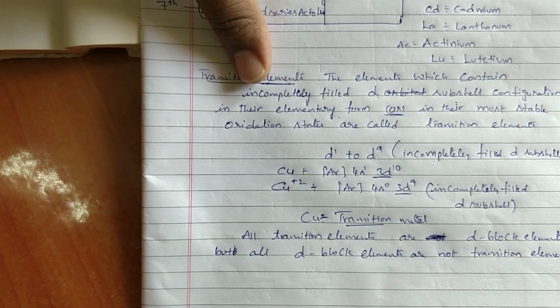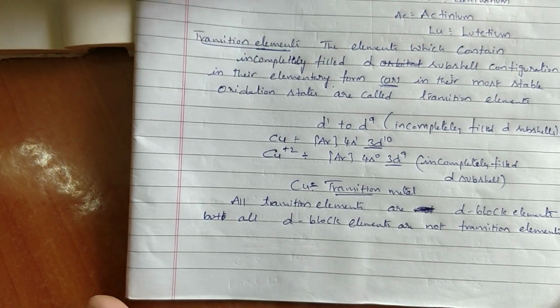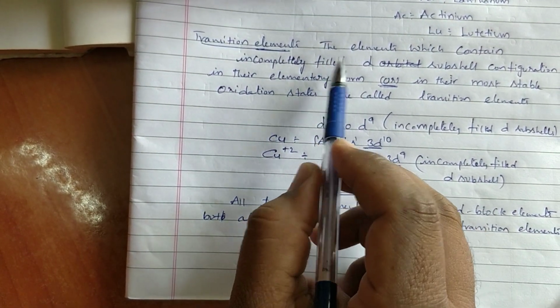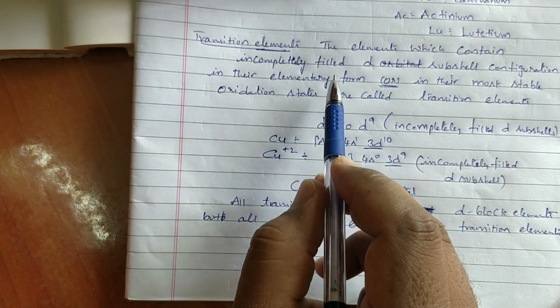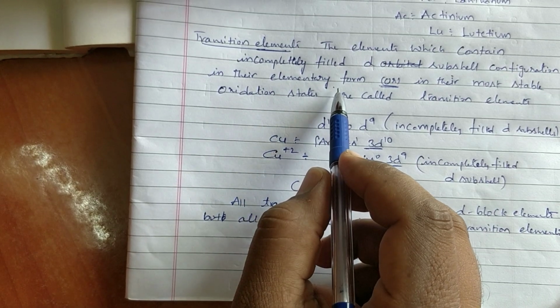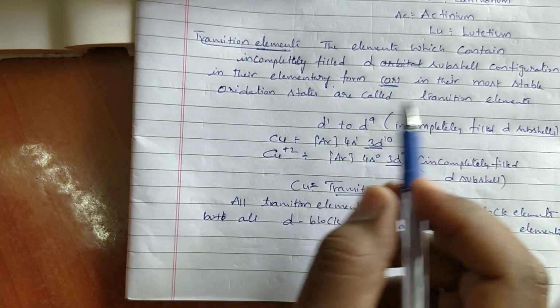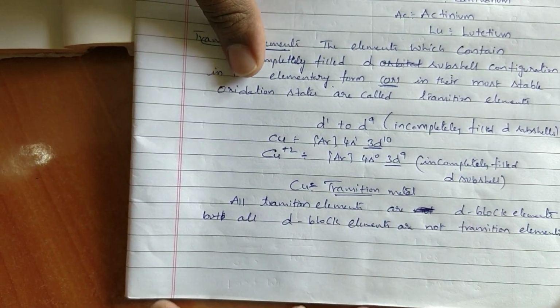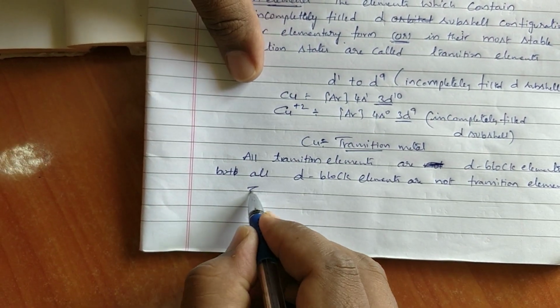One more example I will take, and by that we will conclude this definition. I hope you understood it: the elements which contain incompletely filled D subshell configuration in their elementary form or in their most stable oxidation states are called transition elements. Now coming to one more example, zinc.